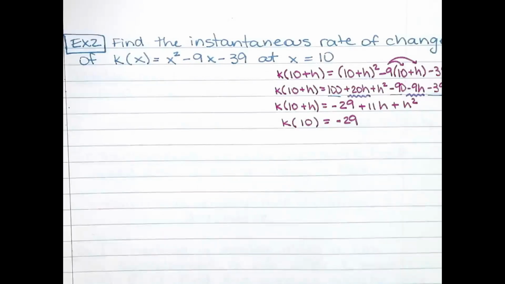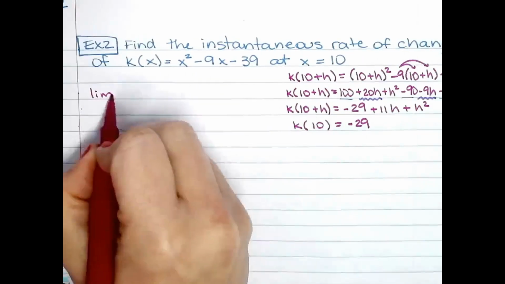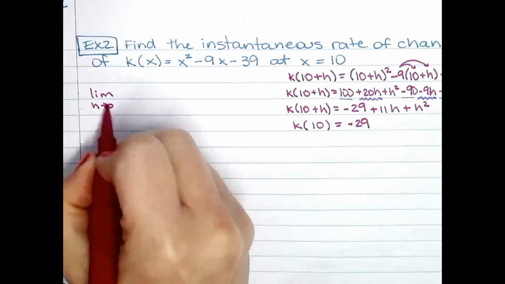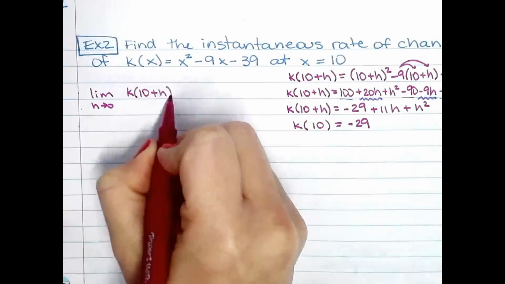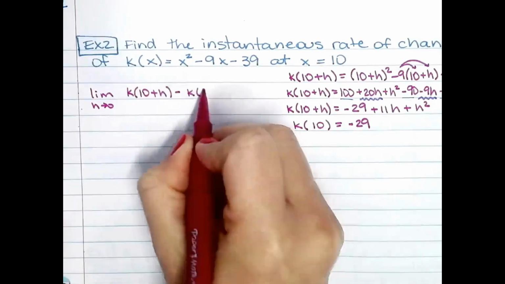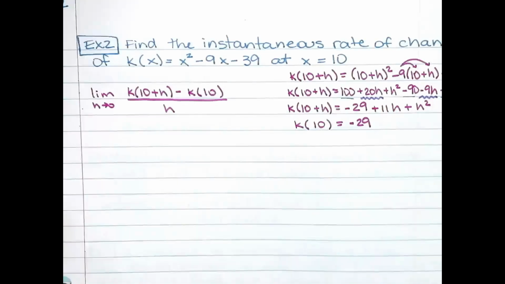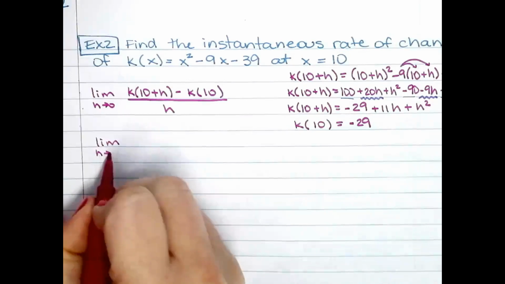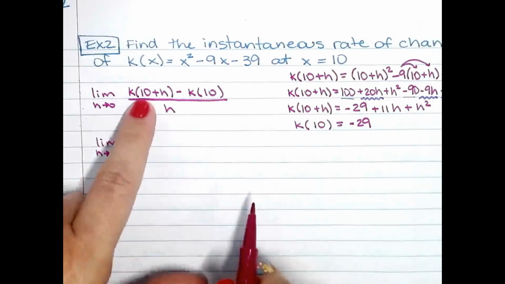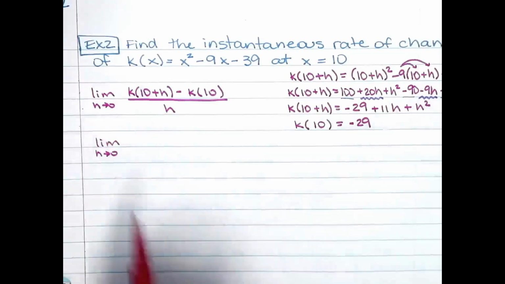Okay. Formula. So limit as h approaches 0 of k of 10 plus h minus k of 10, everything over h. Nice. Because the limit as h approaches 0, I have that k of 10 plus h is that right there.